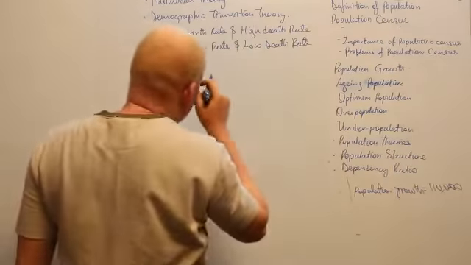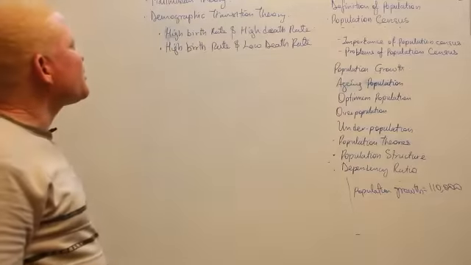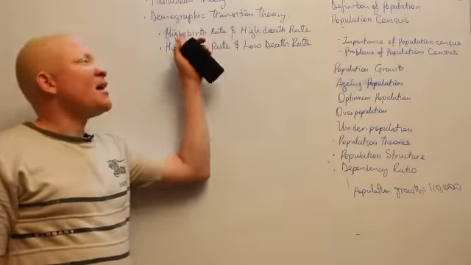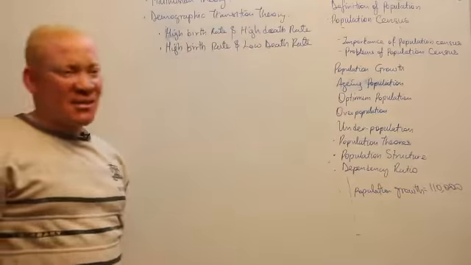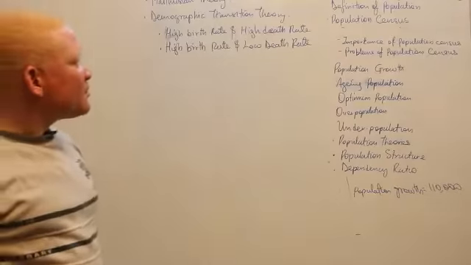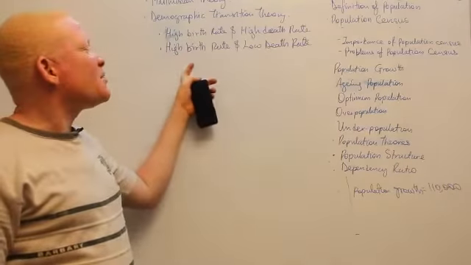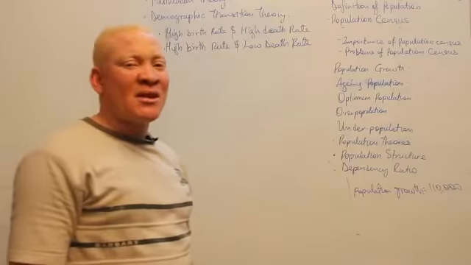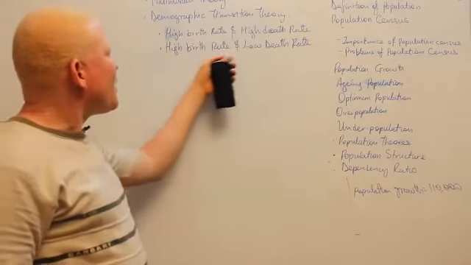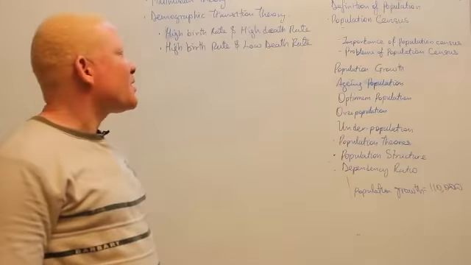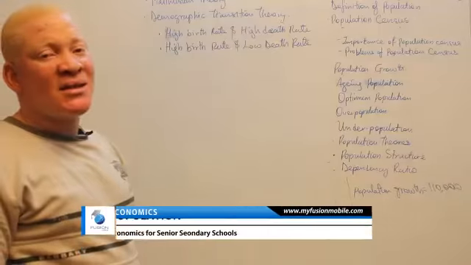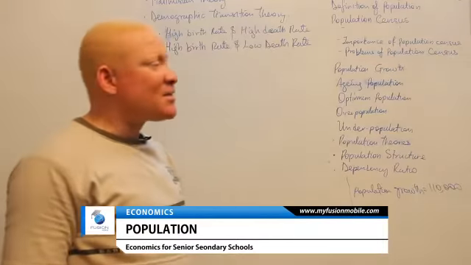What happens here is that in the first case, population is on the increase because there's higher birth rate than death rate. When things started happening medically, birth rate still remained high while there was a lower death rate. Still, population was on the increase.